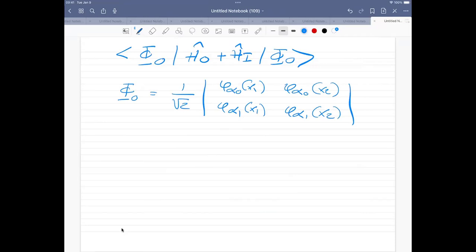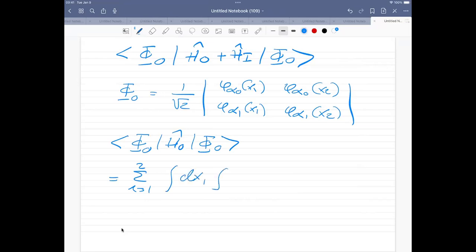So if we now take the one-body operator, it's going to look as follows. We're going to have a sum from i equal 1 to 2. This is the operator which acts on particle 1 and 2. And then we're going to have an integral, dx1, and then a new one, dx2 here.